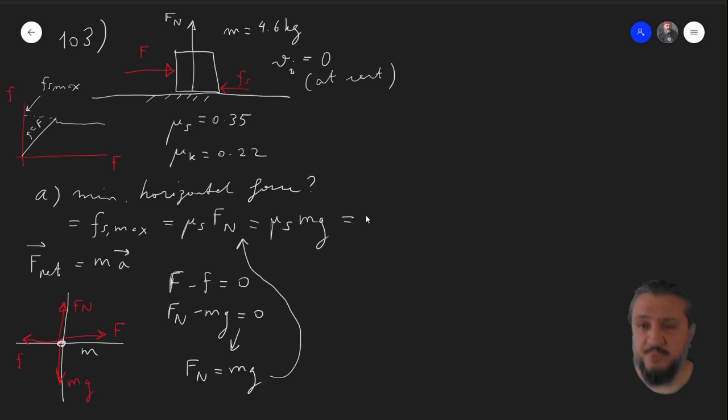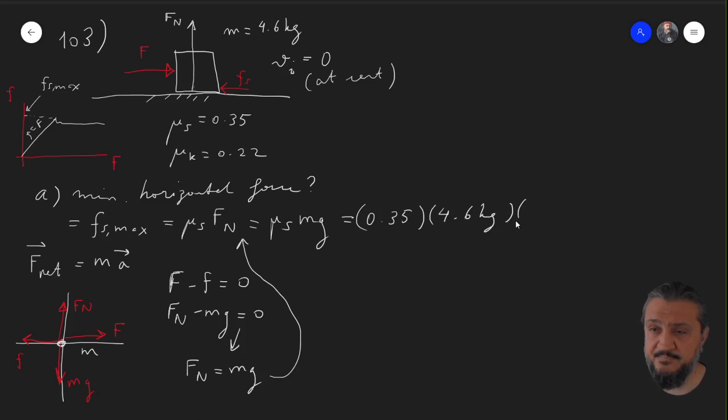Okay, so 0.35. Does mu have a unit? No, these are dimensionless numbers, no unit, just 0.35. M is 4.6 kilograms. And g, 9.8.